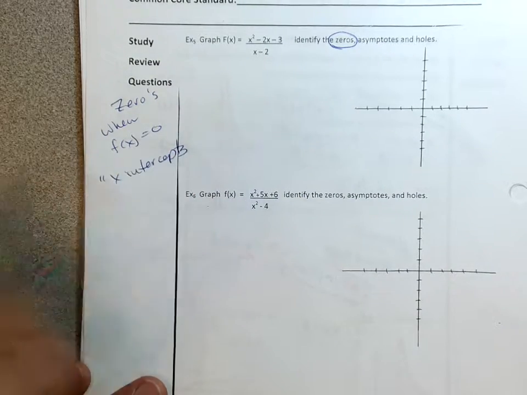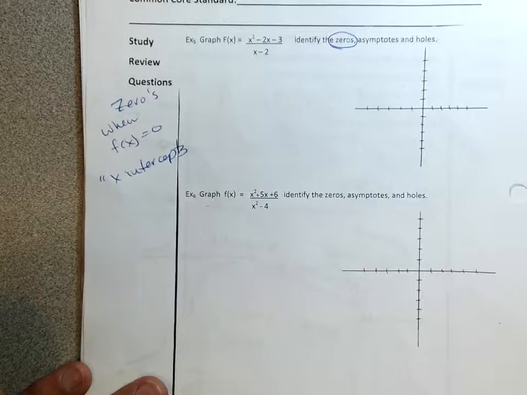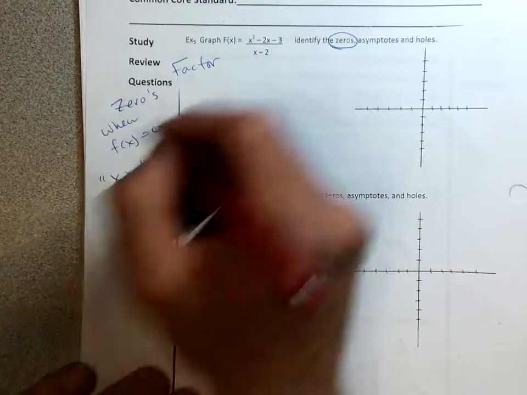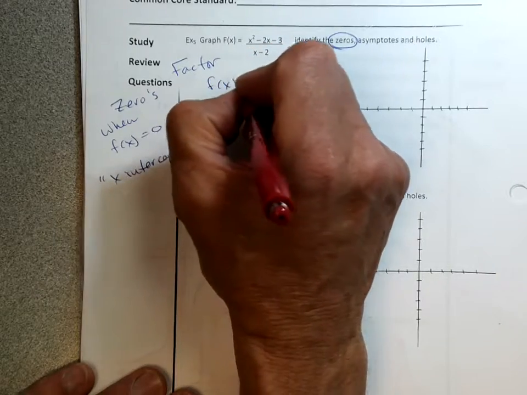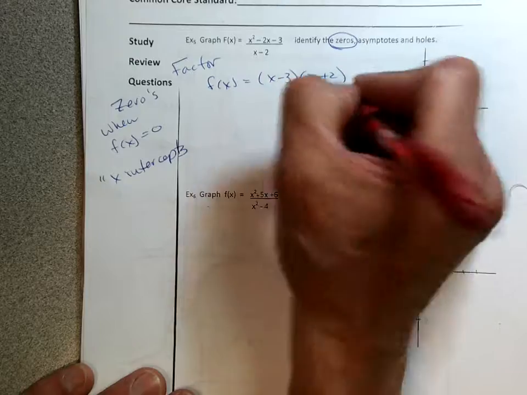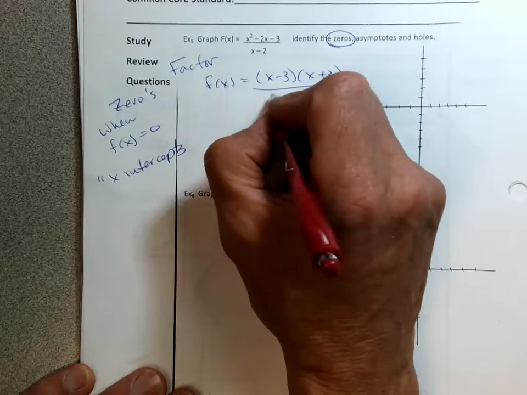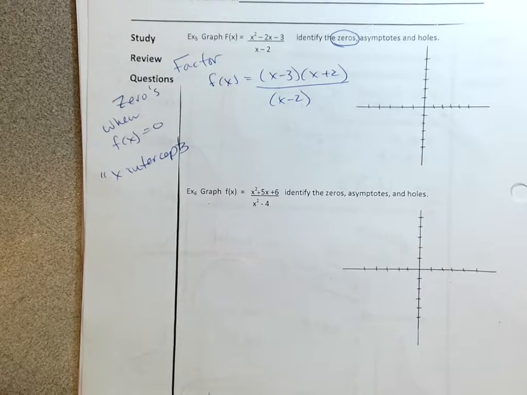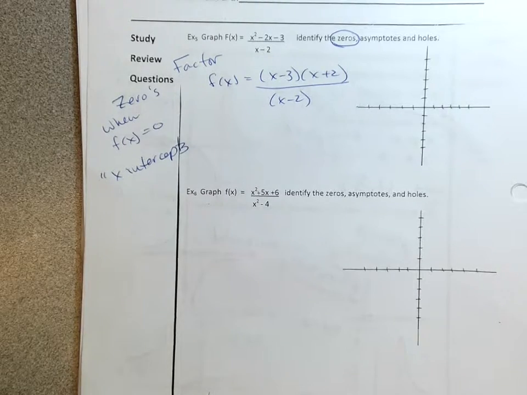So before I do anything, let me do a little bit of factoring. So let's factor first. So zeros. All right, so let's go f of x equals, x minus 3, x plus 2, over x minus 2. You okay with that? So I know quite a bit here. 0 on the top is 0.